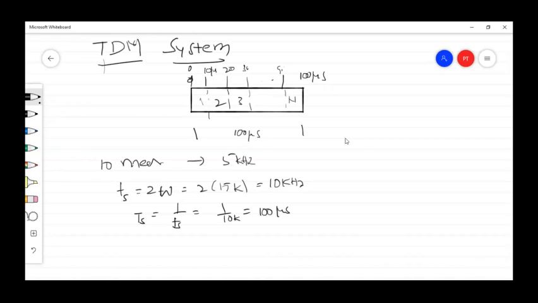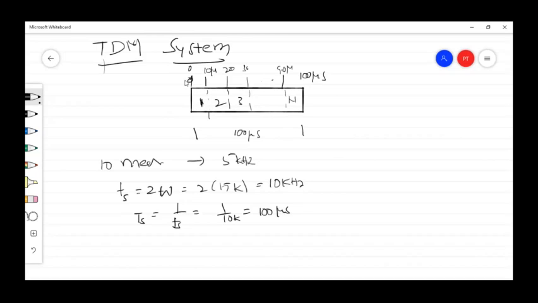Finally, it is 90 microseconds. So during the time interval from 0 to 10 microseconds, the first signal is transmitted. During the time between 10 microseconds to 20 microseconds, second signal is transmitted.